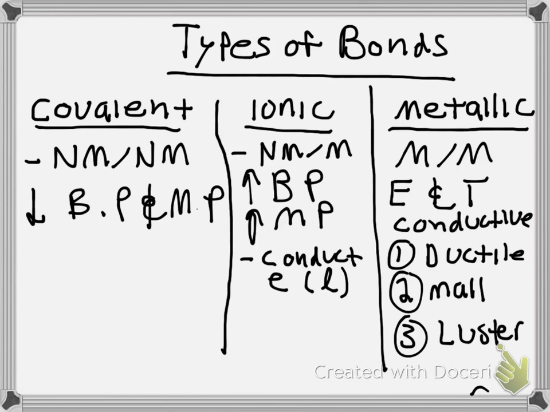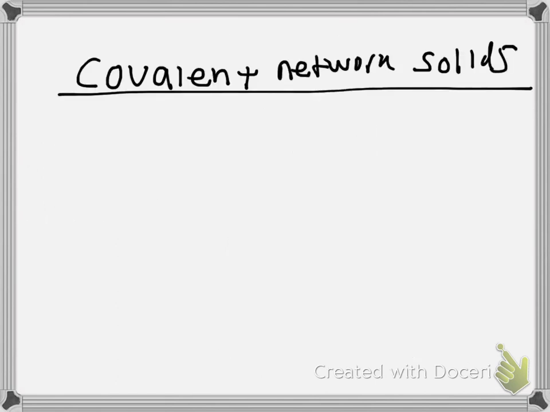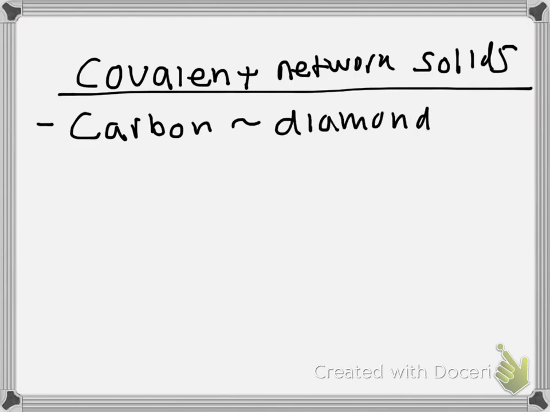So then there's one exception that we haven't covered, one type of bond that most people don't know about that could pop up on your test. These types of bonds are called covalent network solids. And two examples that you could run into are carbon, and think of it as in a diamond, as well as quartz.